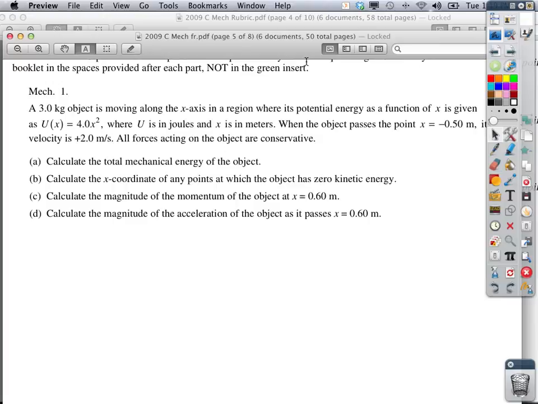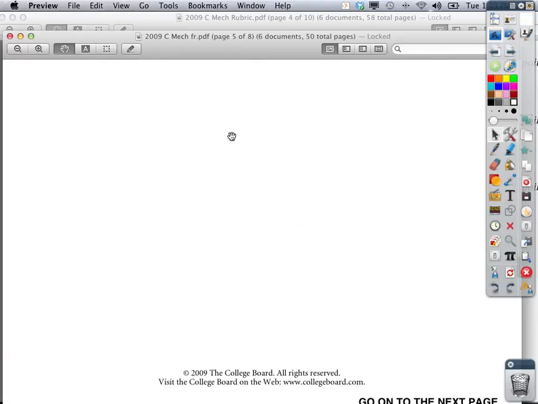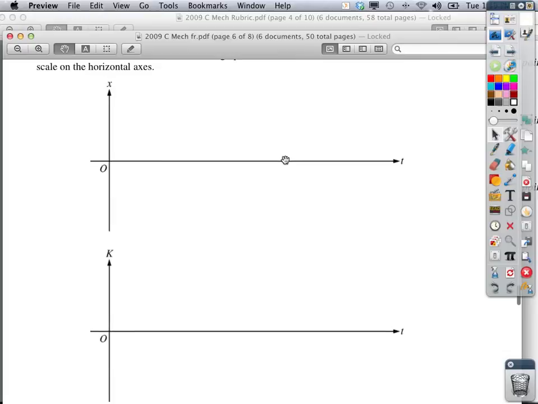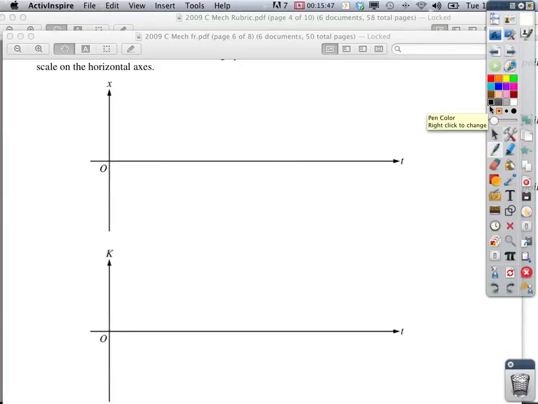Okay, so if we continue on then, down below to the graph. Here, for the two graphs, the kinetic energy one is pretty obvious, right? Because there's a maximum amount of 7 joules. The kinetic energy can't be any more than that.